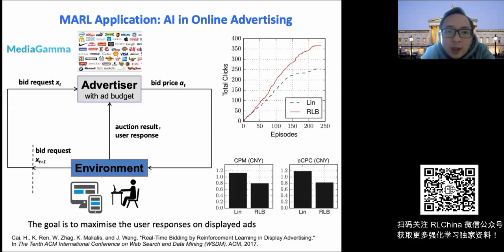The advertiser wants to bid on a certain display opportunity. That display opportunity is offered by one of these users, and based on the user's previous clicks and interests, the relevant advertiser tends to put their ads there. If this user is likely to convert, then they are happy to bid higher.